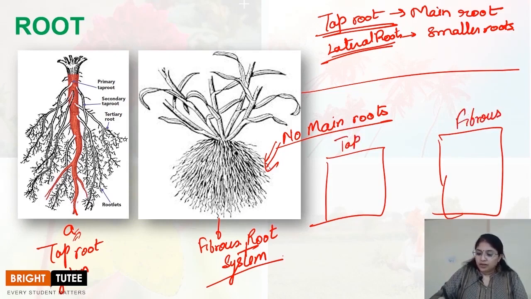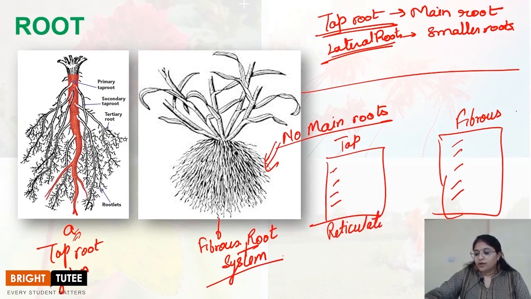Keep the plants having the taproot over here, and the plants having fibrous root over here. Now students, observe the kind of leaves they have. The leaf of the plant having the taproot system would have what kind of venation? You will see that the venation is reticulate, right?